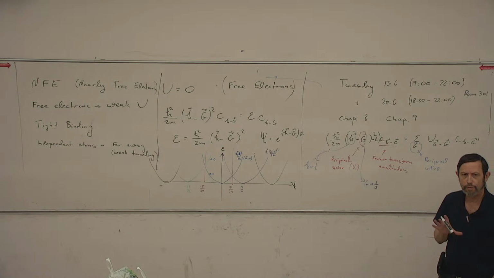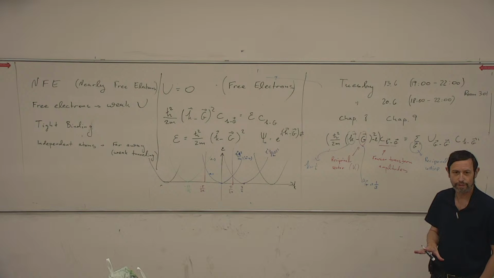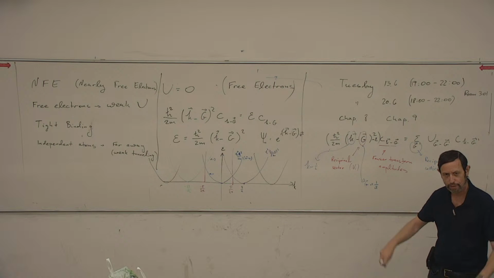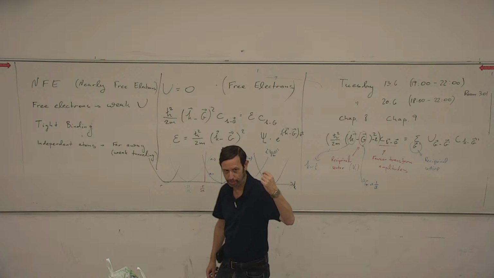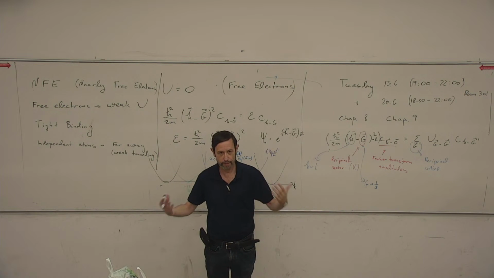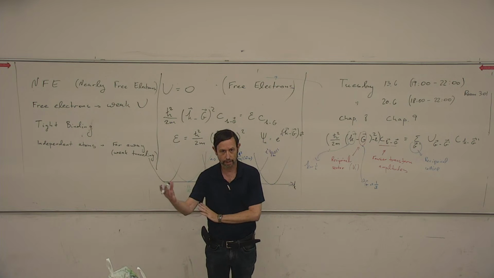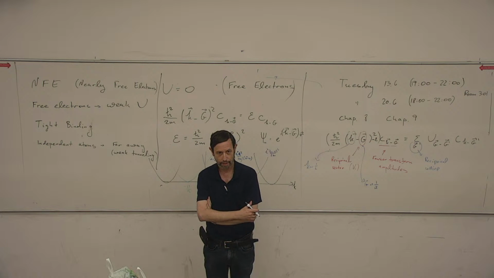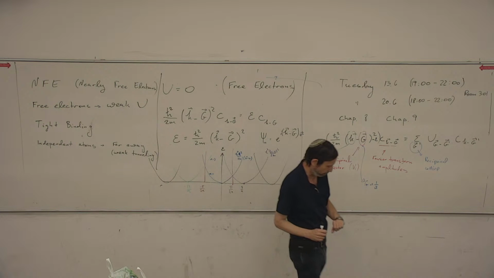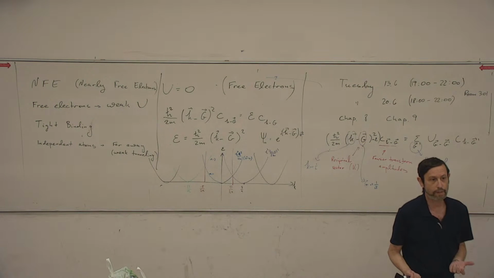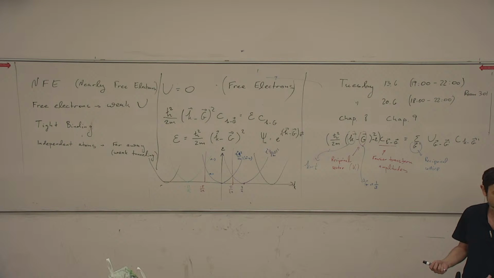Those two very different approaches: one looks at a free electron and asks what happens if I put in a very weak periodic potential, what happens to the energy and the wave function. And the second, we can think of it as conceptually the opposite limit.